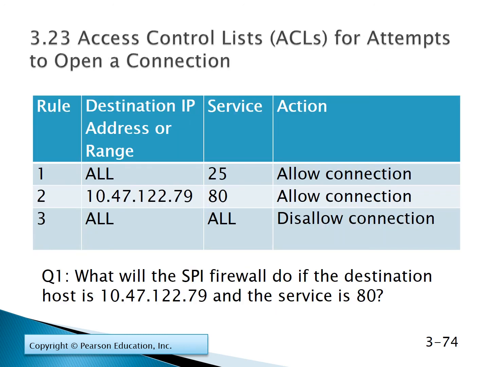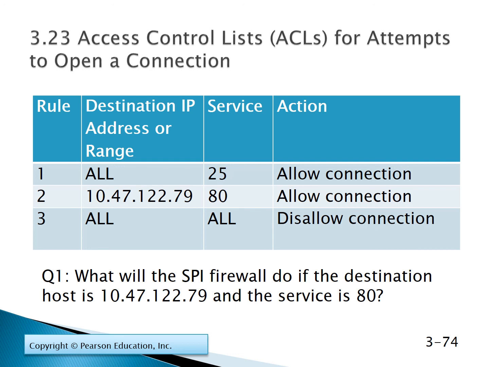And of course, if it fails, then it will reject the connection. An access control list is something like this. It can have different rules. This one is saying for all IP addresses, if it's going to service 25, port number 25, then we'll allow the connection.